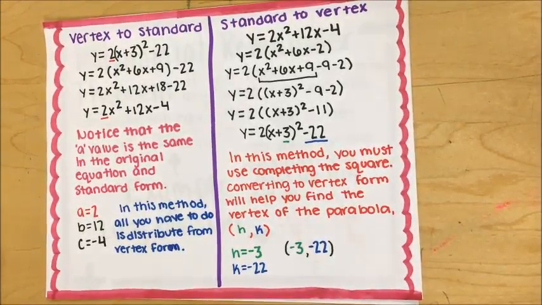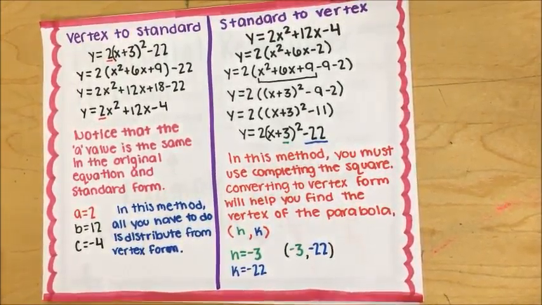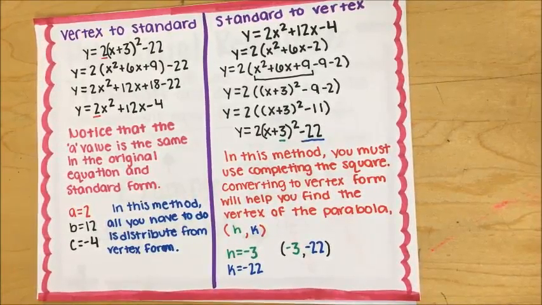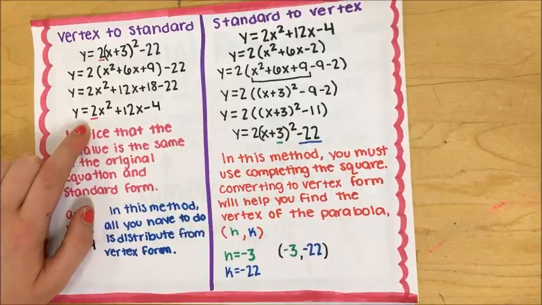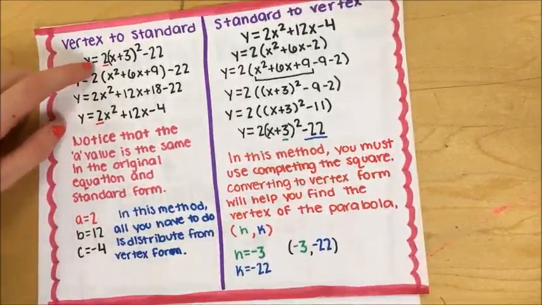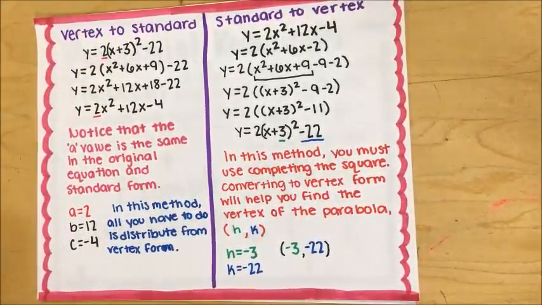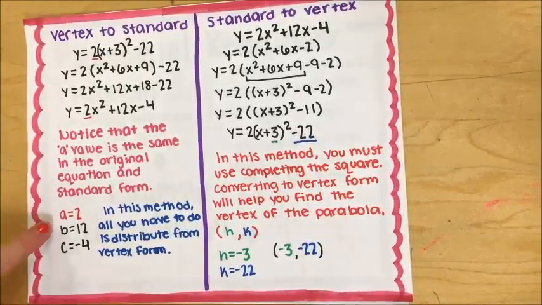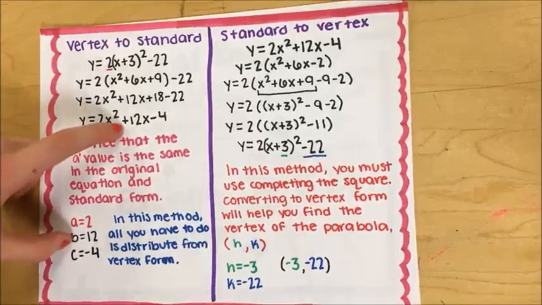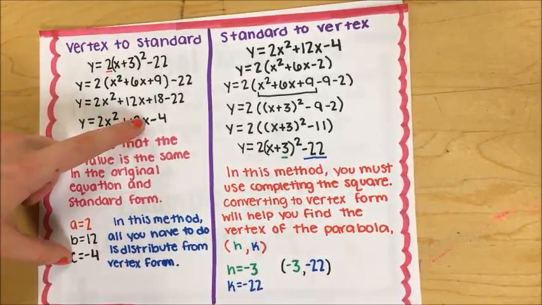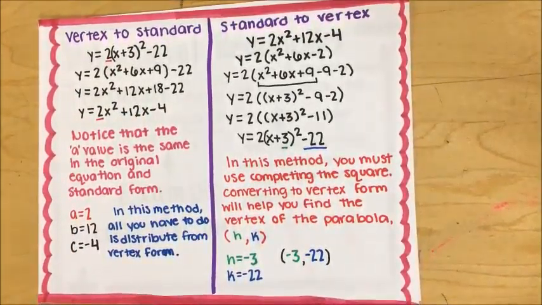And then you add the 18 and negative 22, and you get 2x squared plus 12x minus 4. And if you'll notice, the a value in both the quadratic equation and the vertex form is the same. So a equals 2 right here, b equals 12, which is right here, and c equals negative 4, since you need to include the minus symbol.